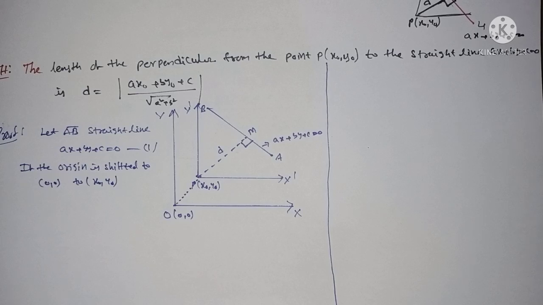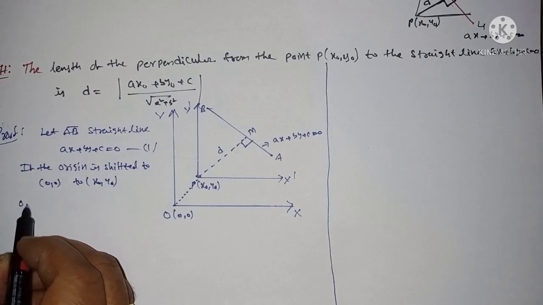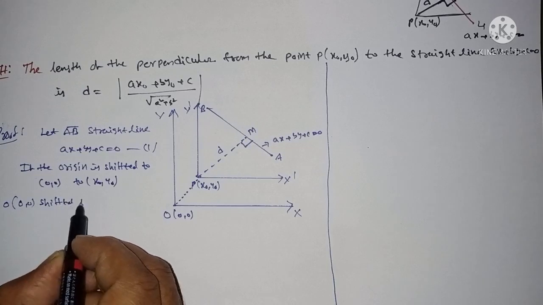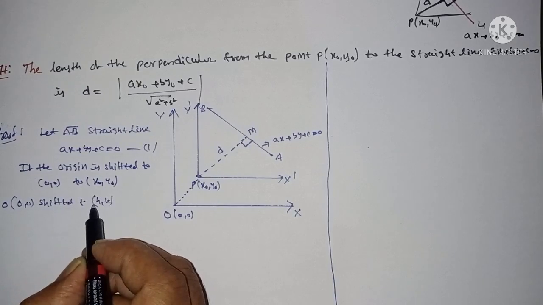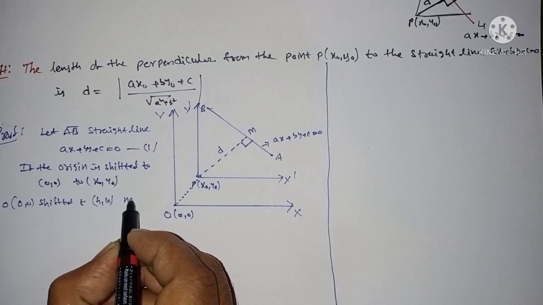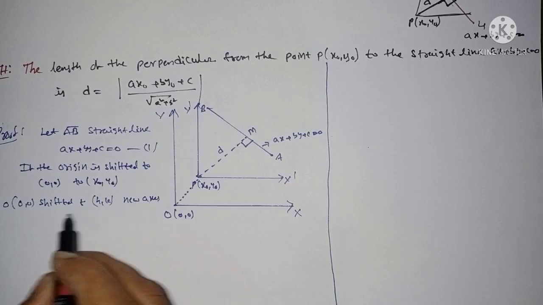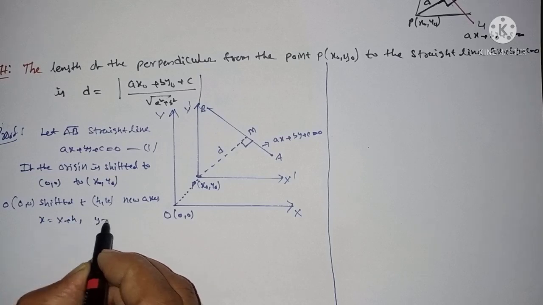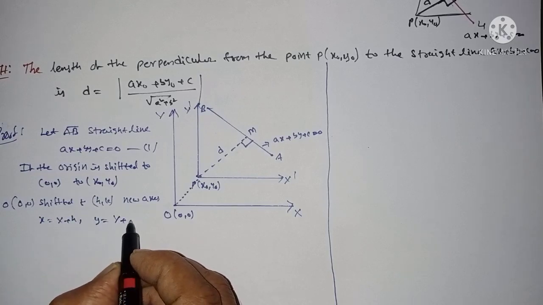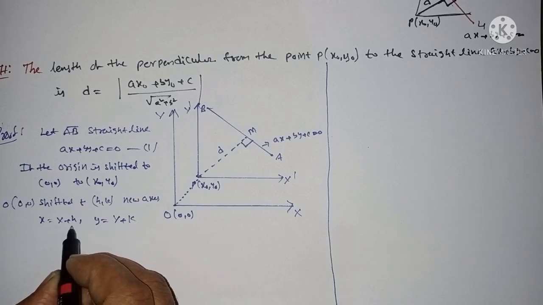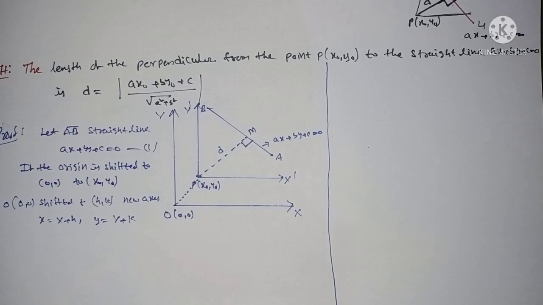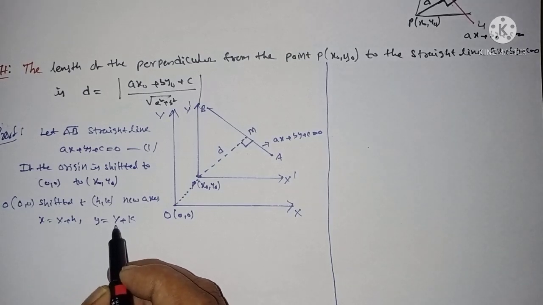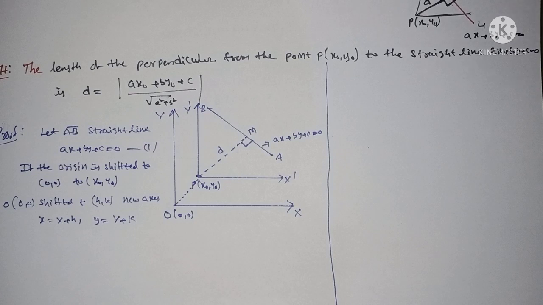If the origin 0 0 is shifted to h comma k, then the new axes are given by: x is equal to capital X plus h, y is equal to capital Y plus k.